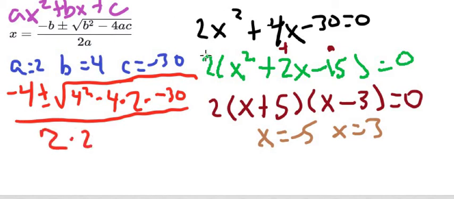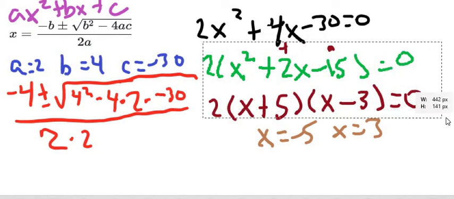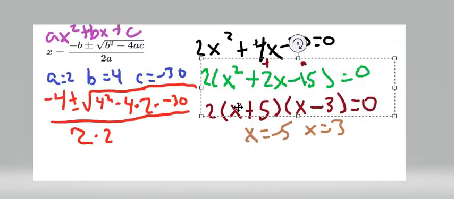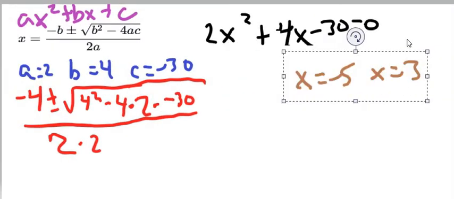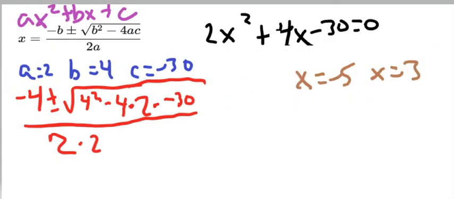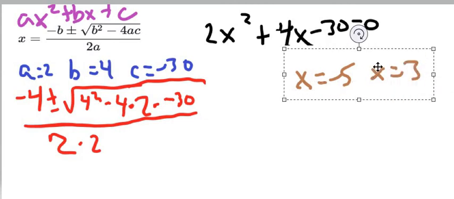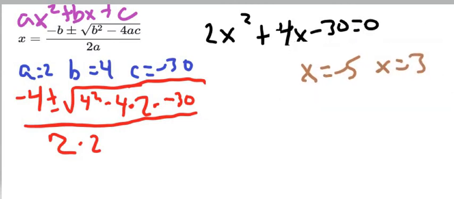So I'm going to delete some of the stuff here on the right side, and we already know that my answer is going to be negative 5 and 3 respectively. So let's put that to the side. So I need to simplify this equation.